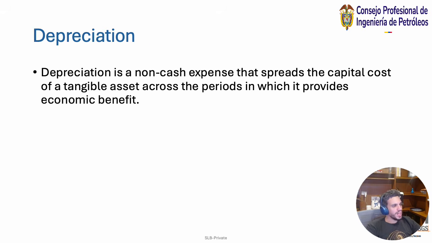With that in mind, we can talk about a few more terms. Depreciation is similar to, and people use this a lot with respect to, inflation, but it is a non-cash expense that spreads the capital cost of a tangible asset across the periods in which it provides economic benefit. The best way to think of depreciation is like when you buy a car.